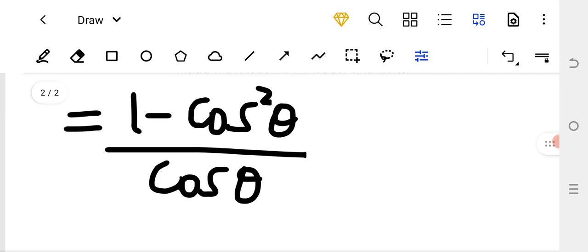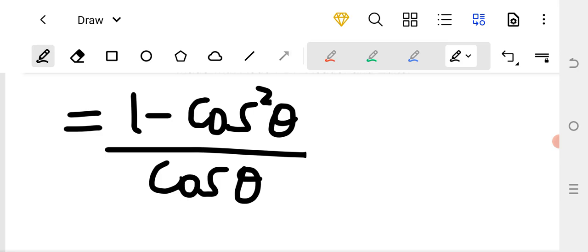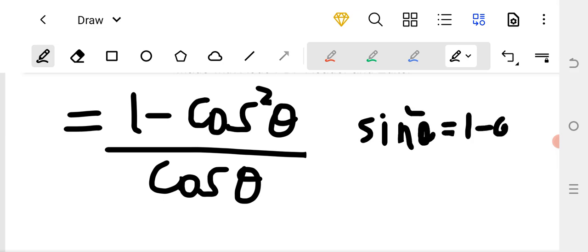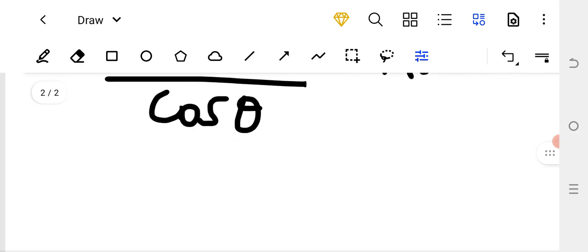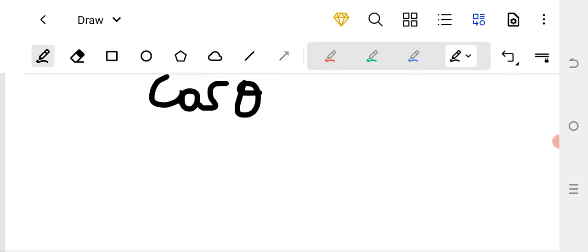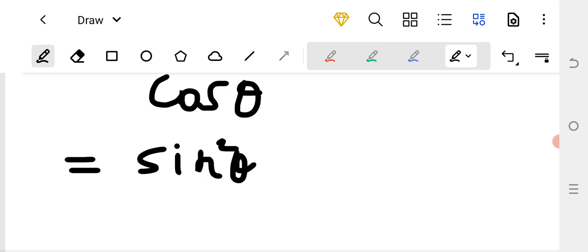Yes, because it is what? It's an identity. Sin theta squared is equal to 1 minus cos theta squared. So we replace the top with sine theta squared. What will it become? So we'll say is equal to sine theta squared, like that.